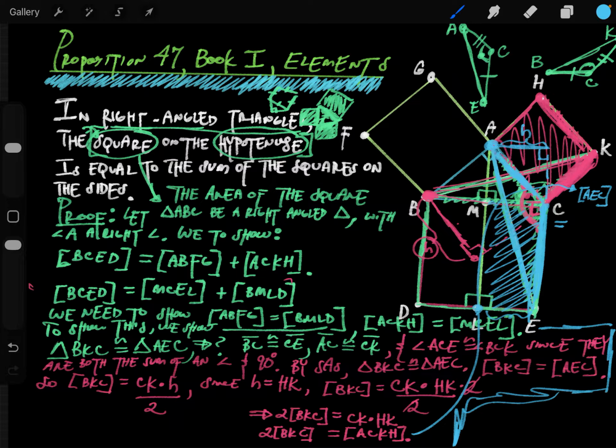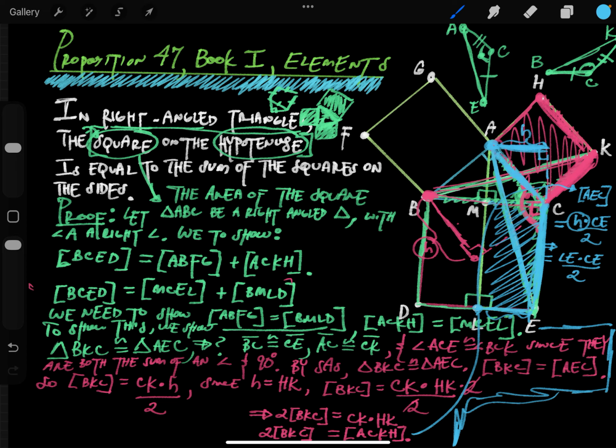So the area of this is h times CE by 2. And since h is the same length as LE, we can write this as LE times CE by 2.